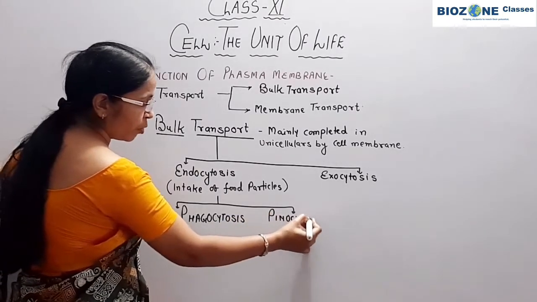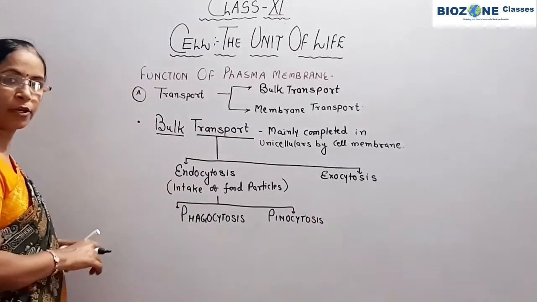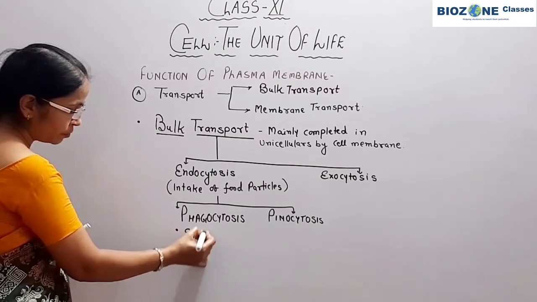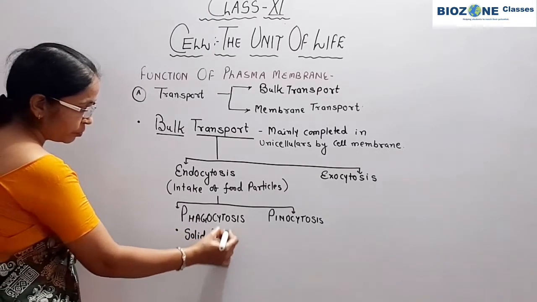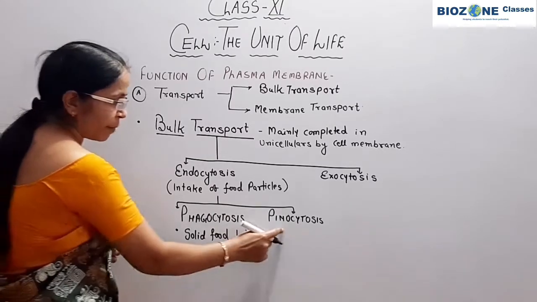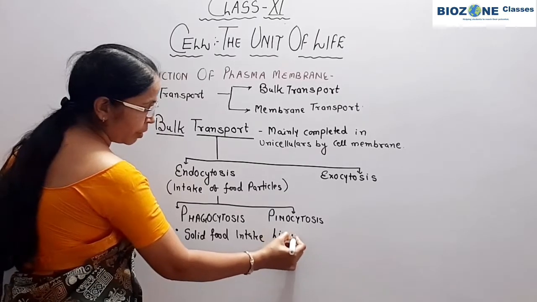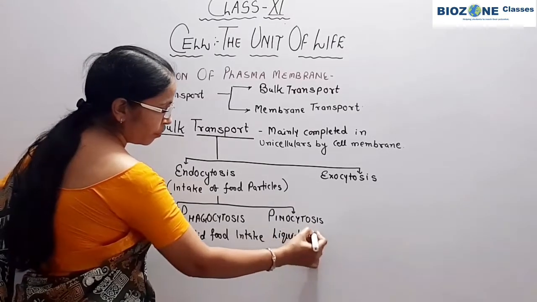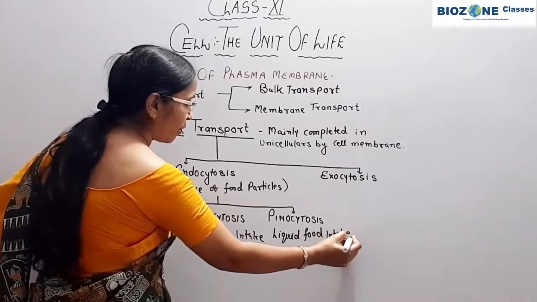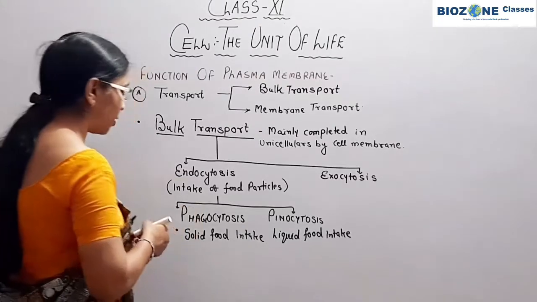This part is important mainly for your theory exams. In phagocytosis, solid food is taken in by the plasma membrane. In pinocytosis, you remember, liquid food is taken in, in the form of a food vacuole.